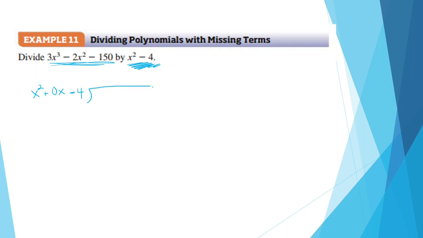So for any missing terms, put a 0 in front of that, so it doesn't really add anything, but it gives us a placeholder. We have 3x cubed minus 2x squared plus, again I'm missing a 0x, so I'll have to add that, minus 150. For any missing terms, make sure you put a 0 for the placeholder.